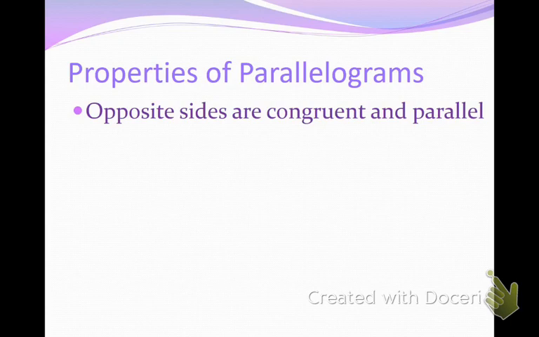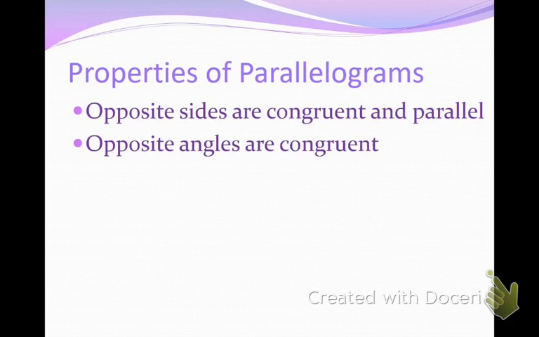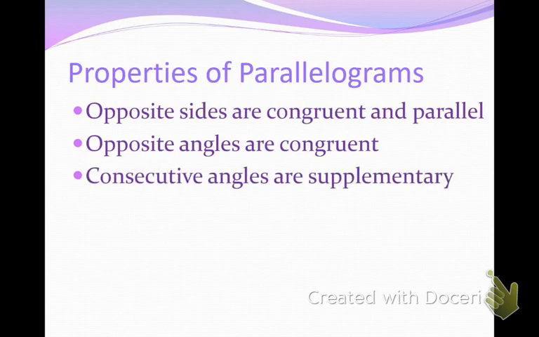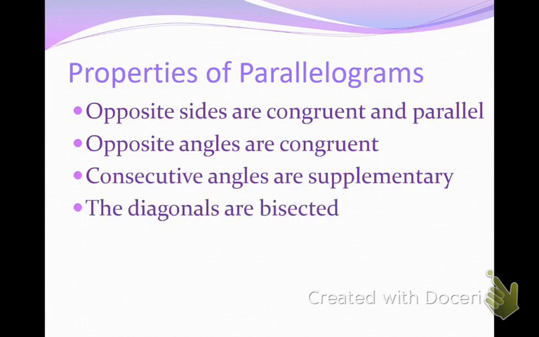Kelsey, can you give me the second? Yep. Opposite angles are congruent. Kendall, you got the next one? Consecutive angles are supplementary. And then last, Christian. Diagonals bisect each other. Okay.